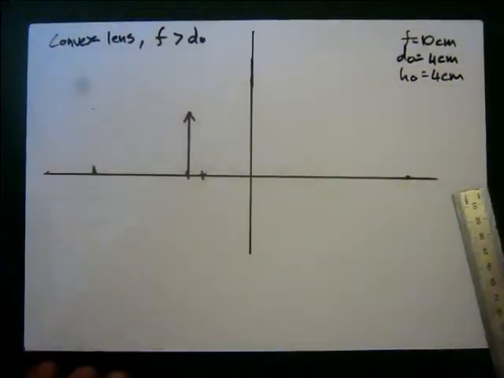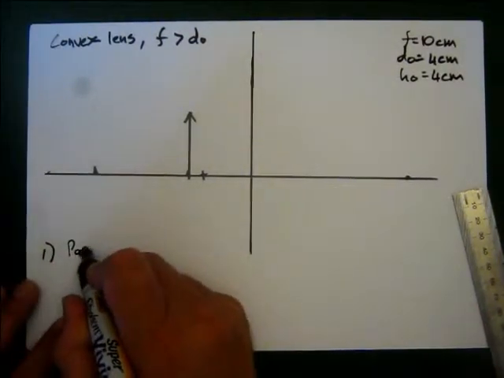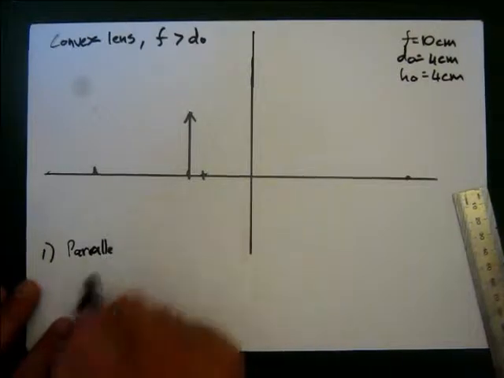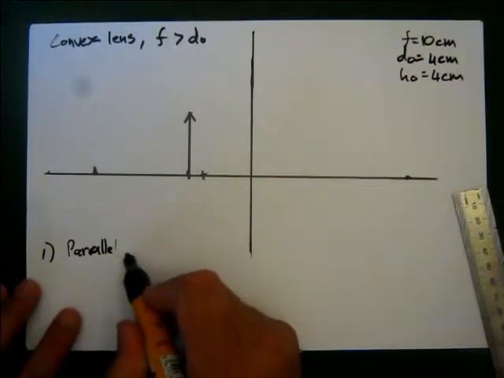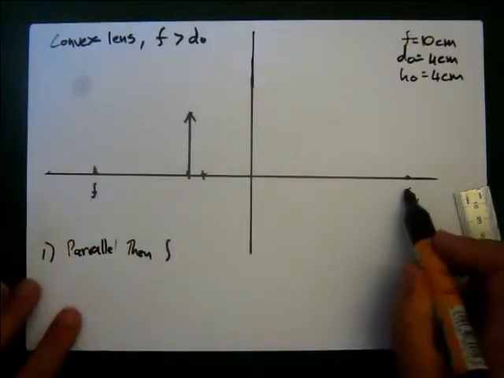So again, remember we draw 3 lines. The first line goes parallel and then through F. Remember we've got an F over here and we've got an F over here.